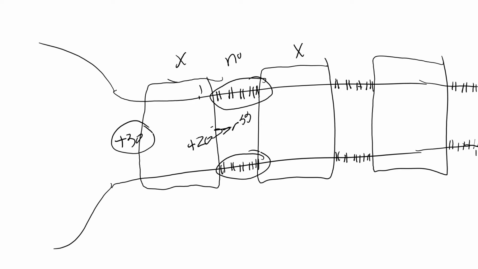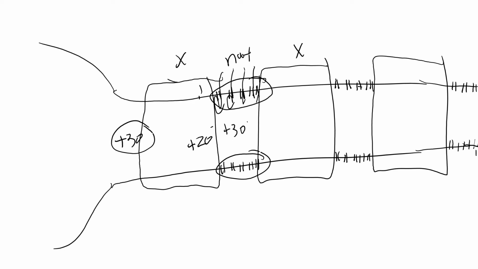And thus, sodium will shoot in and drive the interior of the node of Ranvier up to positive 30 millivolts again. We are recharging the action potential, or the impulse, here. And that's ensuring that the interior stays depolarized all the way to positive 30 millivolts.